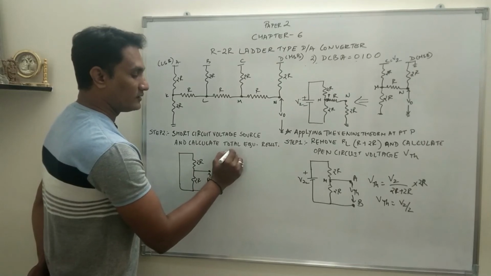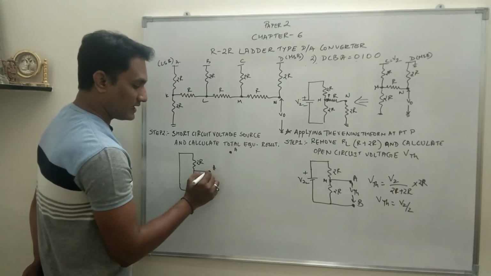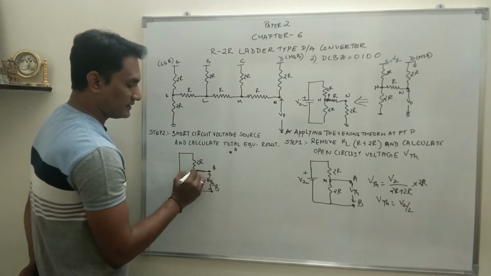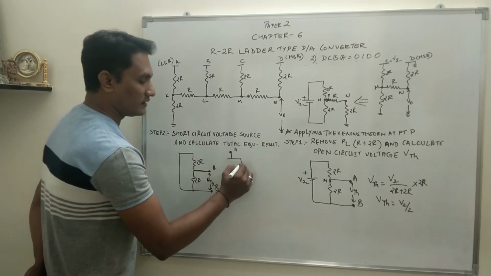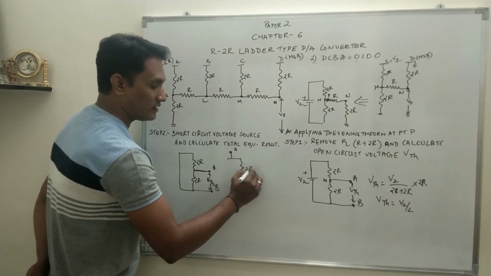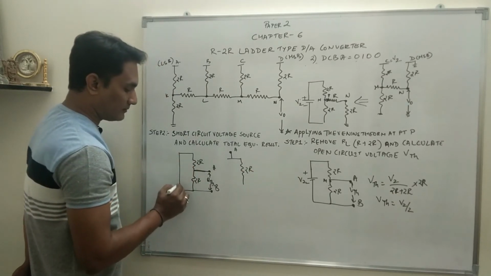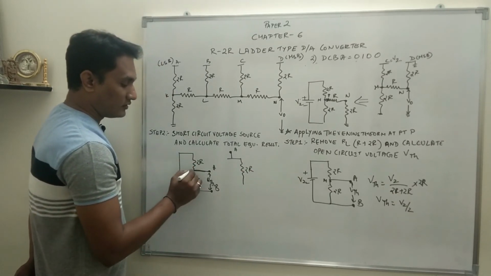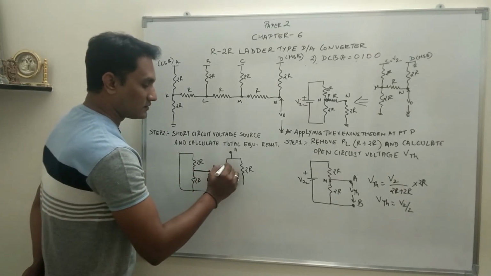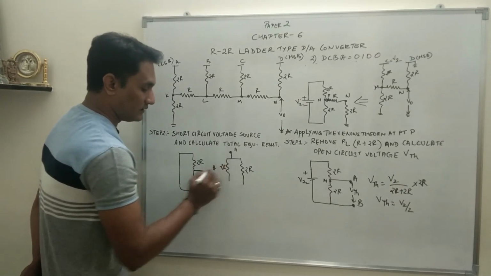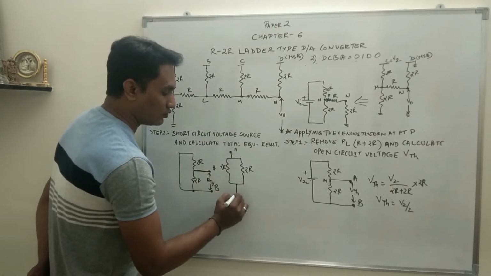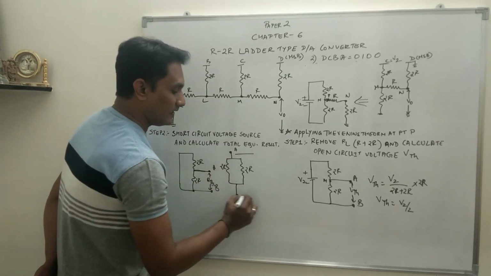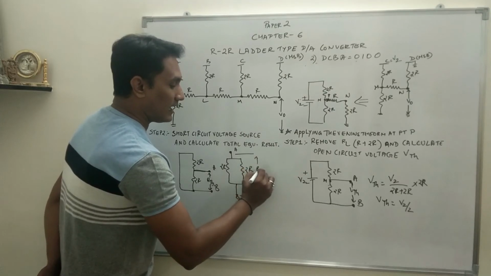So we start with point A. When you start with point A, what you can see is there is a bifurcation. So you draw a bifurcation. On one arm there is a resistance of 2R, and on the other arm there is one more resistance of 2R, and these both resistances combine at a given point, and from there they go to B. So between A and B you will get RTH.